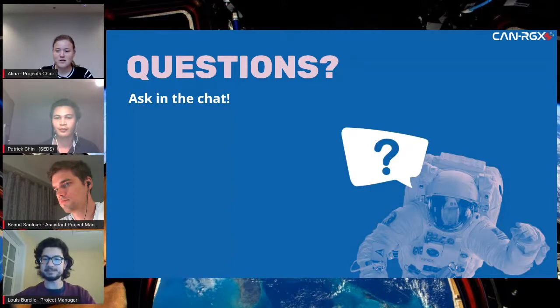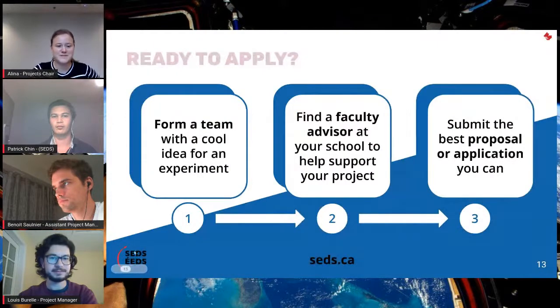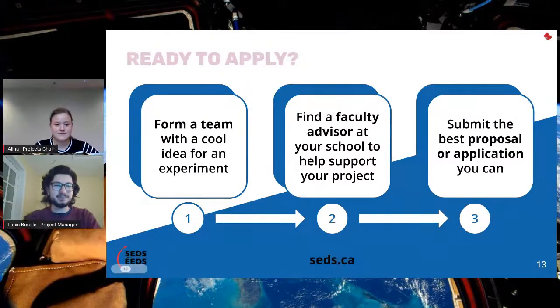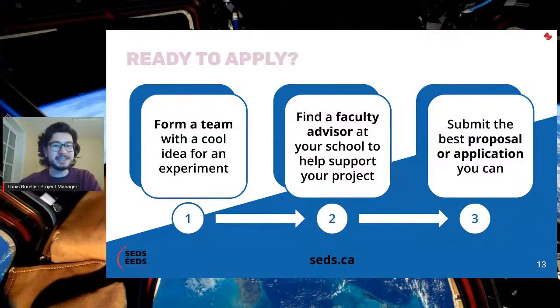Great. So I think we're approaching the end of our 30-minute Q&A. Since we don't have any more questions in the chat, I'll let Louis wrap us up. Fantastic. Once again, to summarize the steps to apply, first and foremost, form a team and come up with an awesome idea for a microgravity experiment.